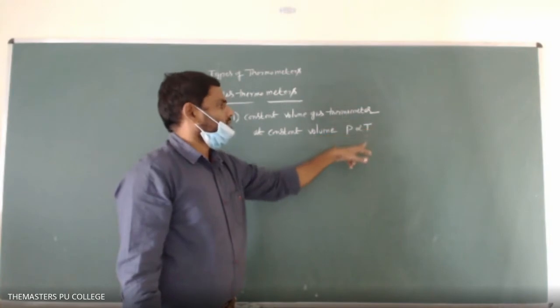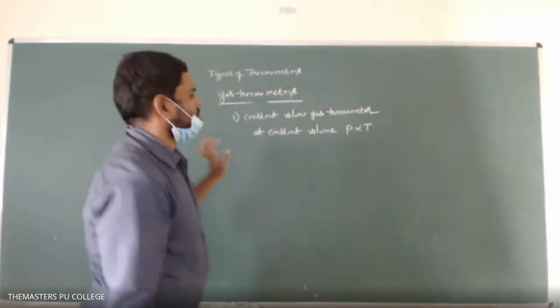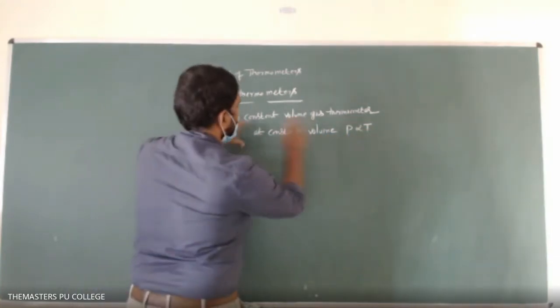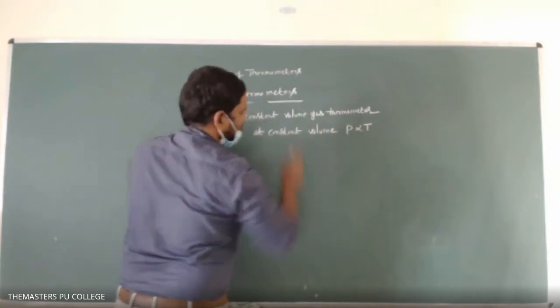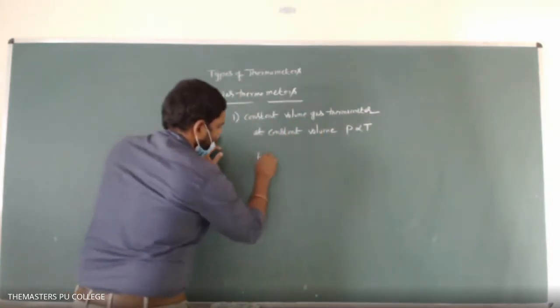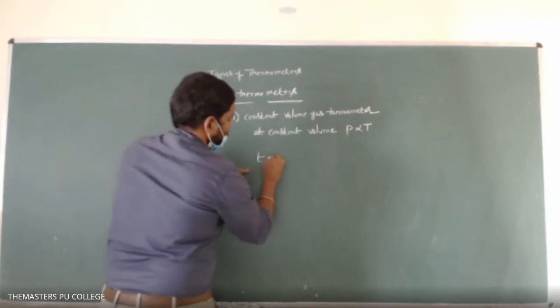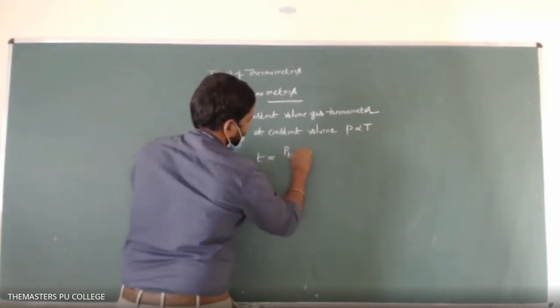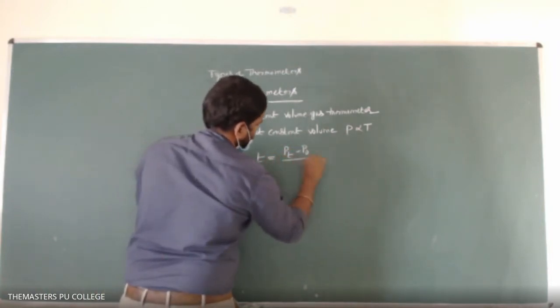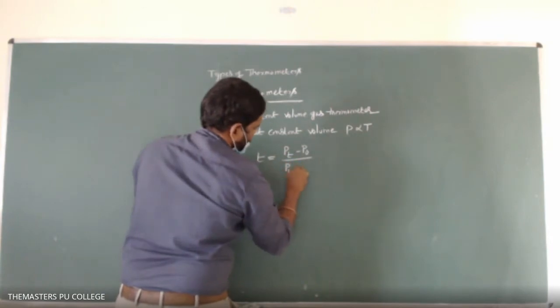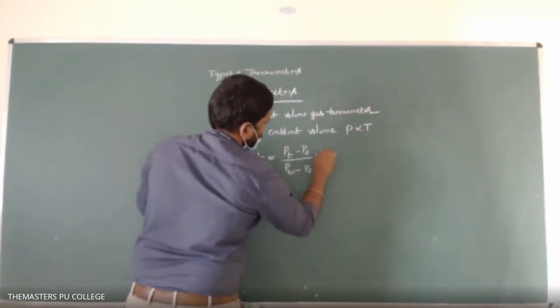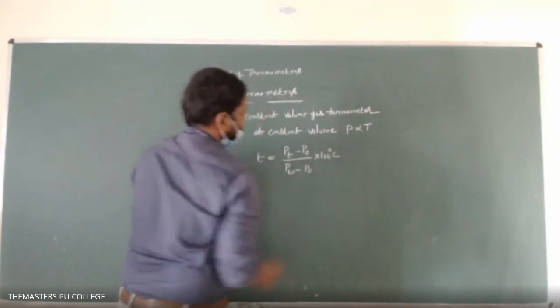If the temperature decreases, the pressure decreases. Based on this, the constant volume gas thermometer works. Then the temperature T is equal to (Pt minus P naught) divided by (P100 minus P naught) into 100 degrees centigrade.